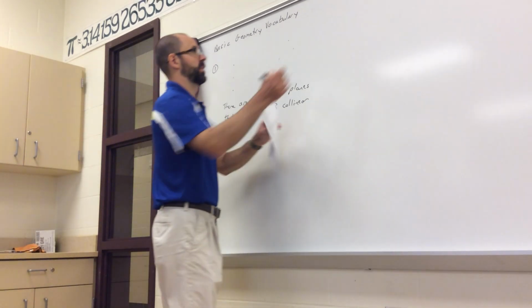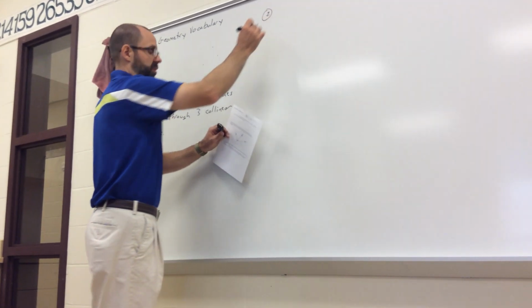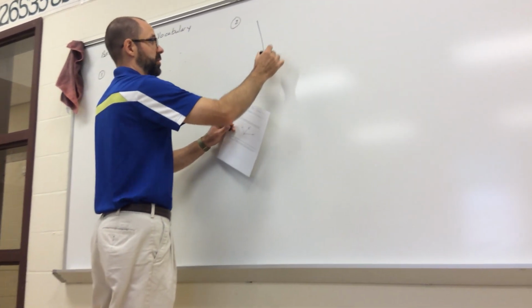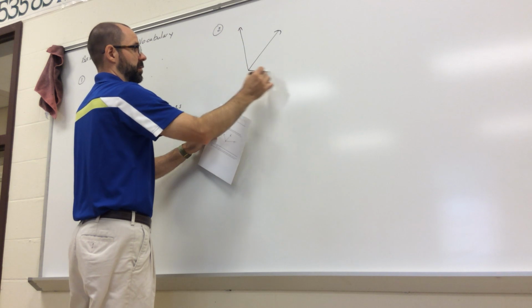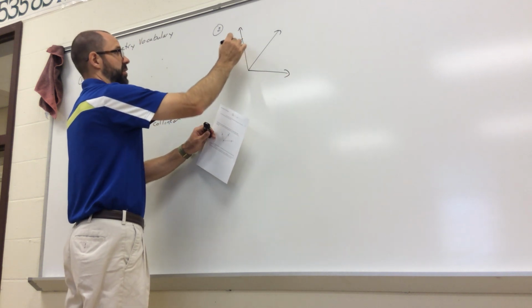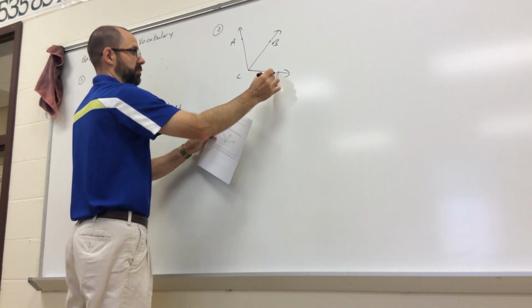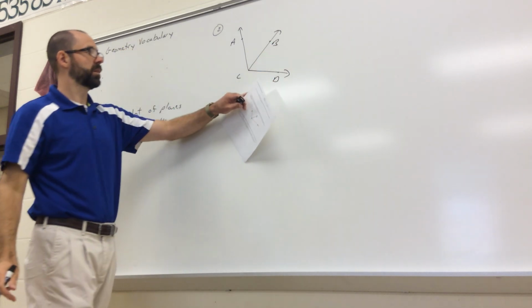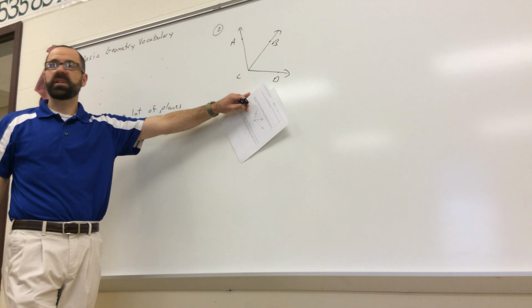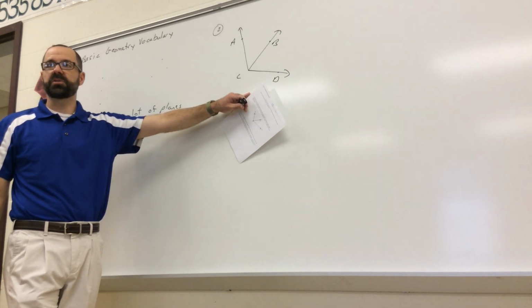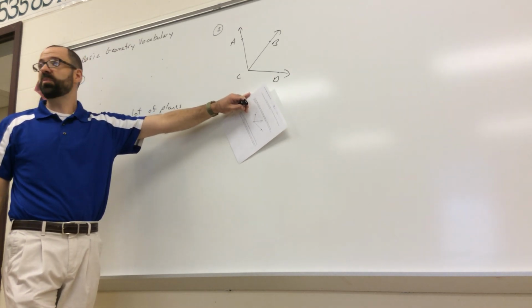Okay? Number 2 has a picture in it, so I'll draw. You do not have to draw this picture. It has a bunch of angles in the picture. Raise your hand if you can tell me how many angles you see in this picture.